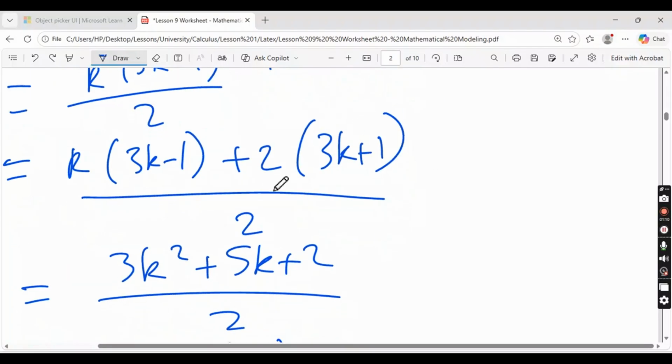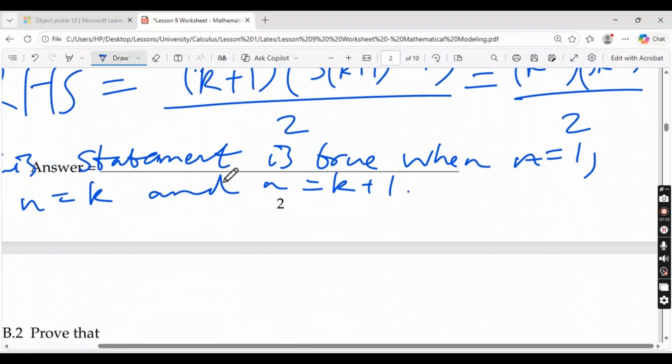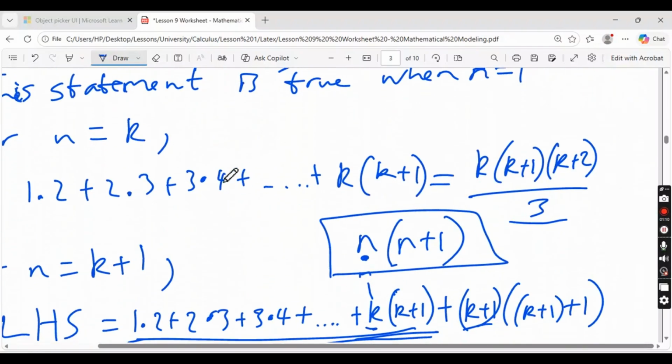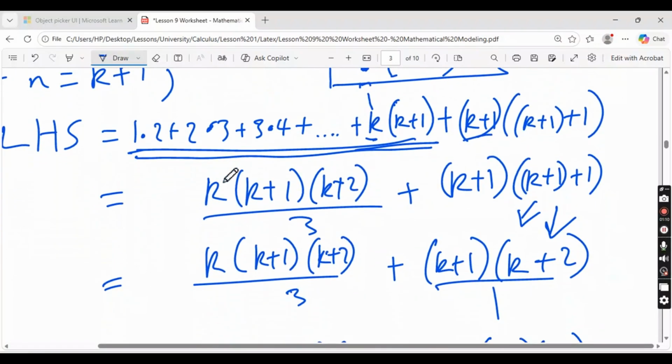Then we made them into a single fraction. And in this scenario, because 3k plus 1 and 3k minus 1 are not the same, they're different, we can't figure out anything. So we are forced now to expand those brackets. Does that make sense?